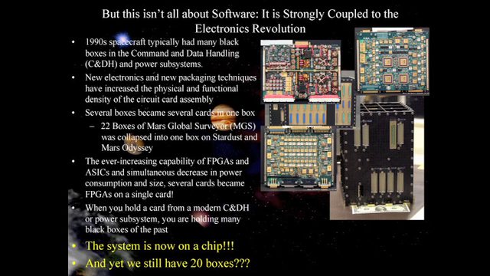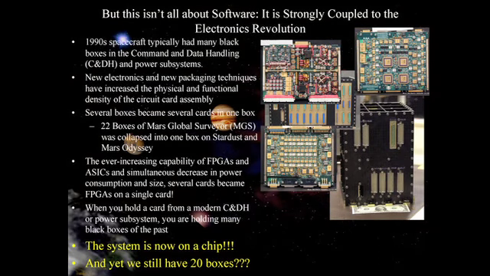Looking at new packaging techniques that had increased the physical and functional density of the circuit card assembly, as well as the individual EEE parts now getting down to feature sizes that are measured in nanometers. So what I found was that on MGS we had 22 boxes that made up the command and data handling system that became one box on Stardust and Mars Odyssey due to these techniques.